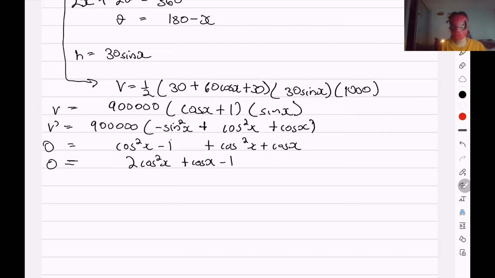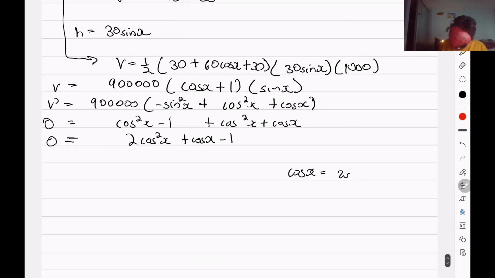Now we got a sort of quadratic formula, so I can set cos x equal to w and then use this to factor.